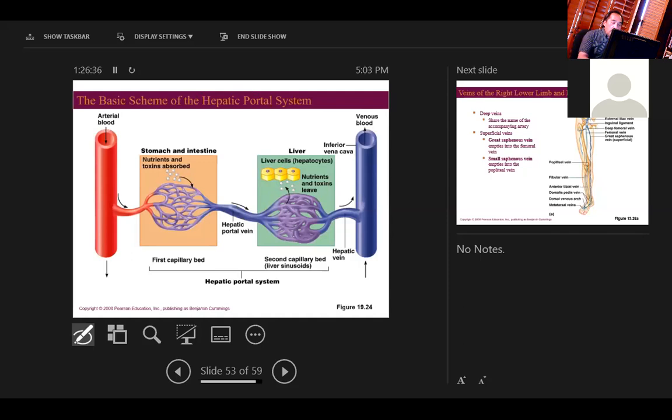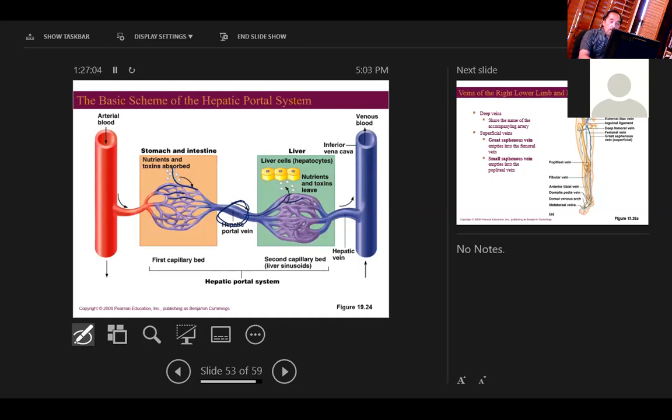Okay. So this is going to be the hepatic portal vein. So whatever you absorb from the intestinal tract, and whatever waste like carbon dioxide is floating on this portion here, is going to flow into the hepatic portal. The hepatic portal will then go into the liver. And remember, there are a lot of sinusoids or holes located in those vessels in the liver.